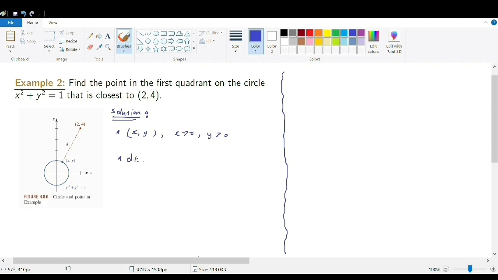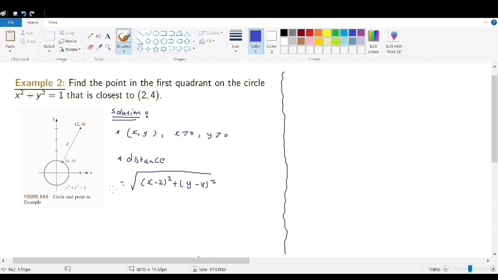So the distance will be equal to the square root of (x minus 2) all squared plus (y minus 4) all squared. This is the distance between this point (x, y) and (2, 4).